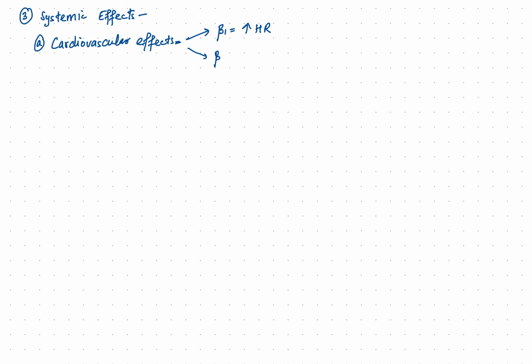When beta 2 is stimulated, it will cause vasodilation and bronchodilation. But remember, beta 1 action is always more. It will cause increase in heart rate and increase in force of contraction also.